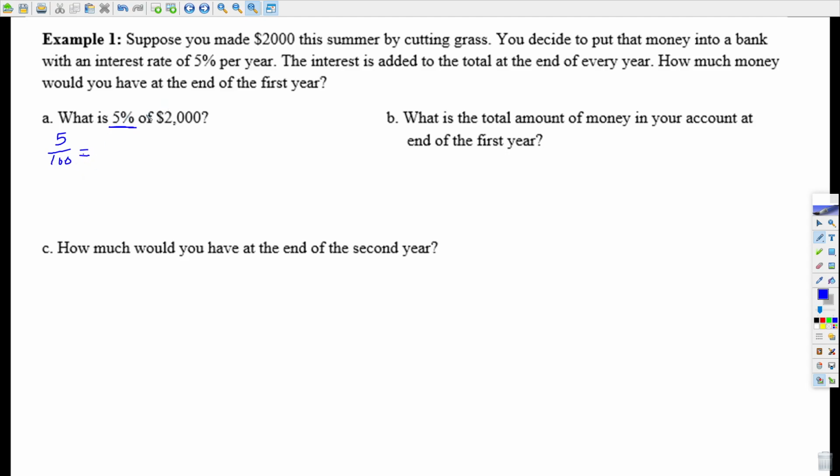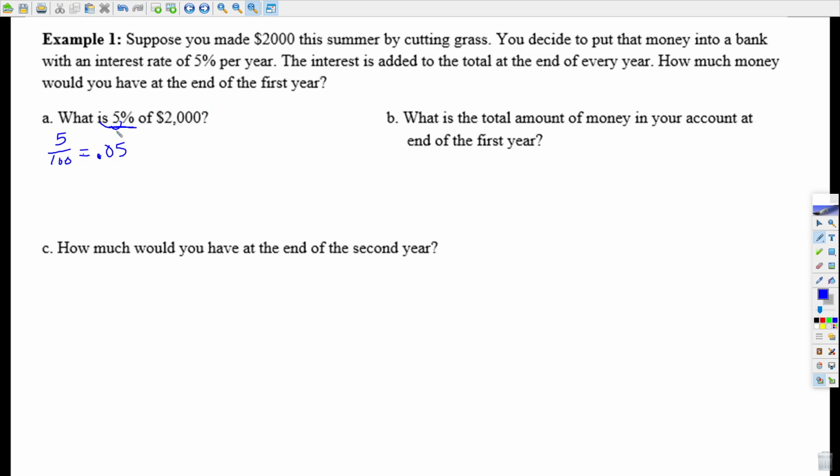Or you could memorize a little trick: move the decimal point over from 5 two times. Either way, you get the same answer. So 5% is really 5 divided by 100, or 0.05.